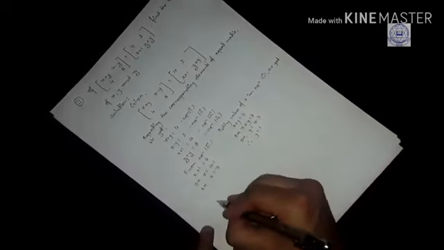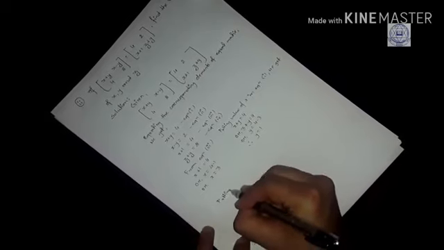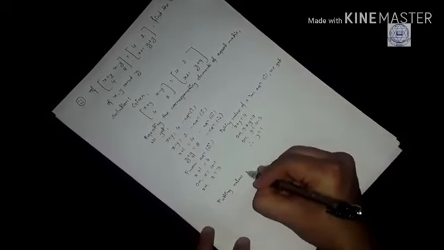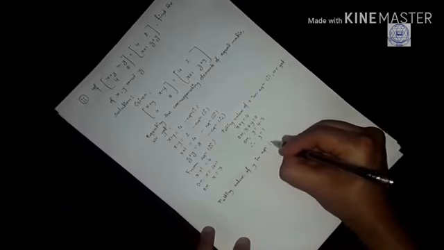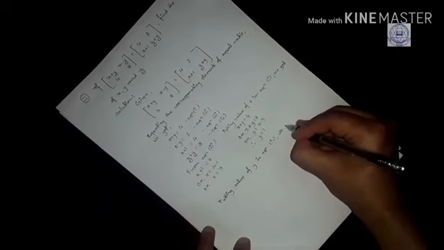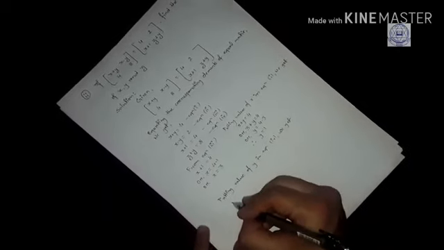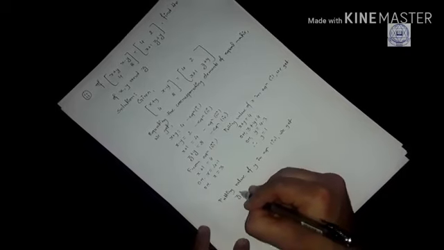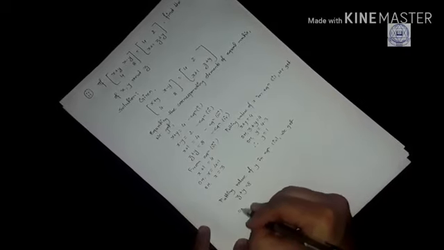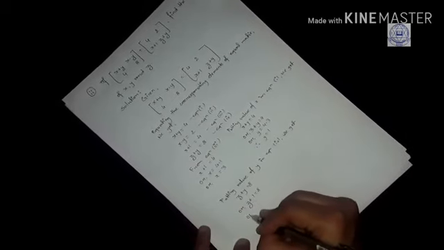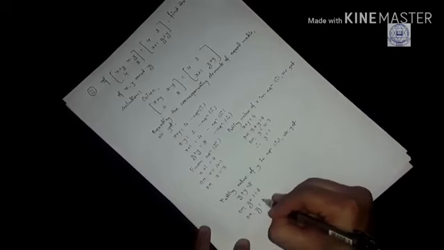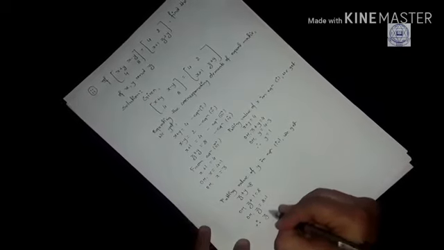So now, putting the value of y in equation 4, we get z plus 1 is equals to 8, therefore z is equals to 7, isn't it?